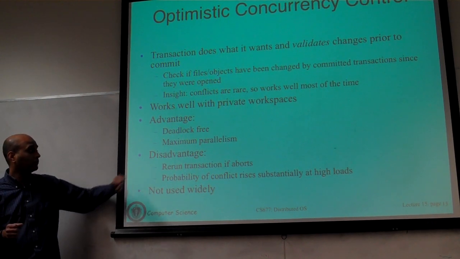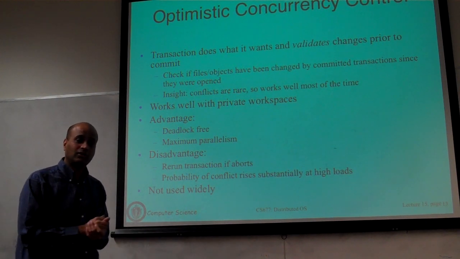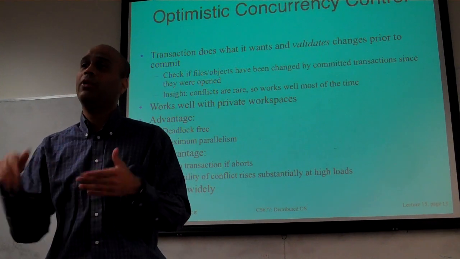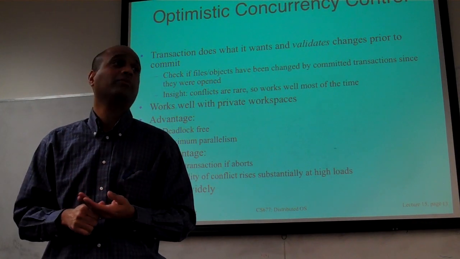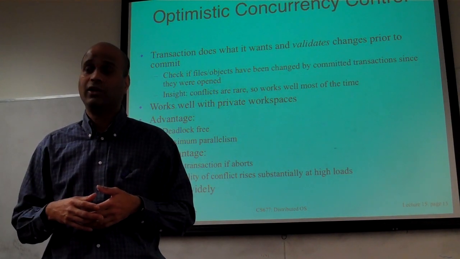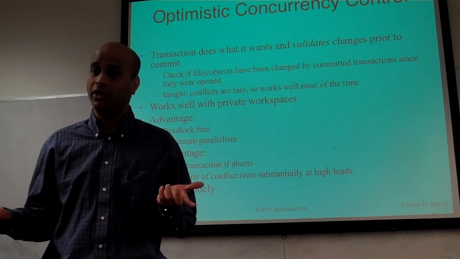Okay? So rerun the transaction if it aborts, and the big problem really is as the load on the system rises, the probability of having a conflict and abort keeps going up. Because as more transactions come in concurrently, the probability that any two actually touch the same record keeps going up.